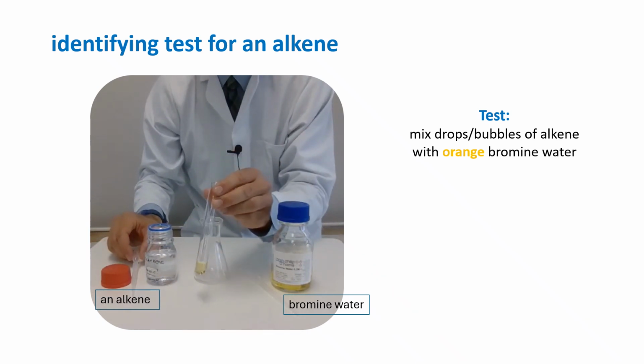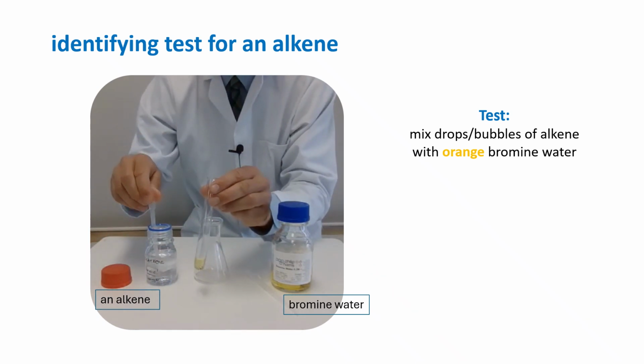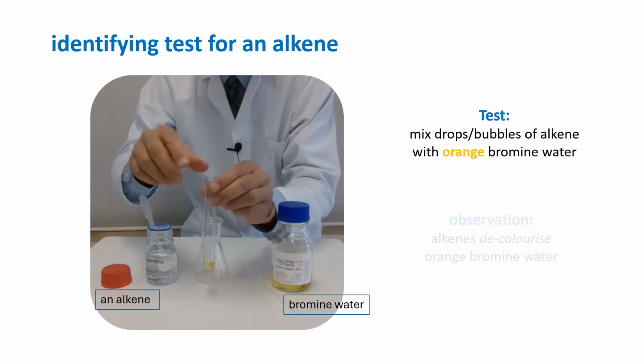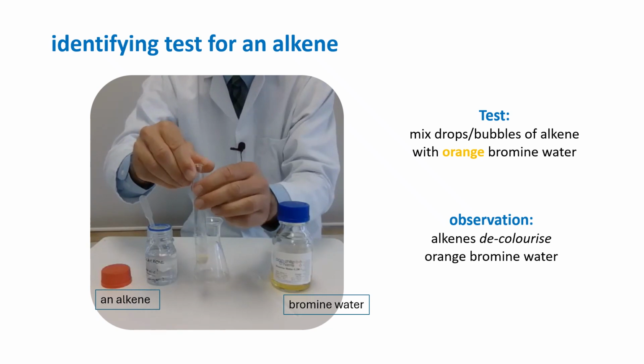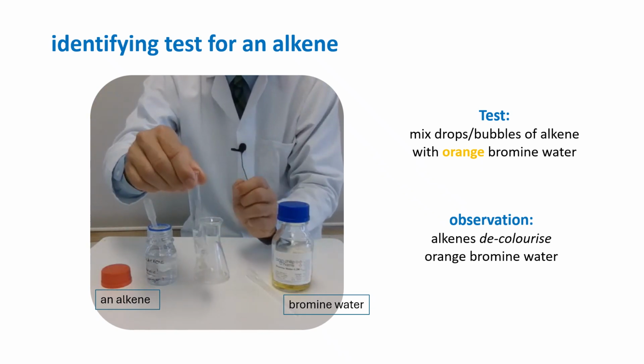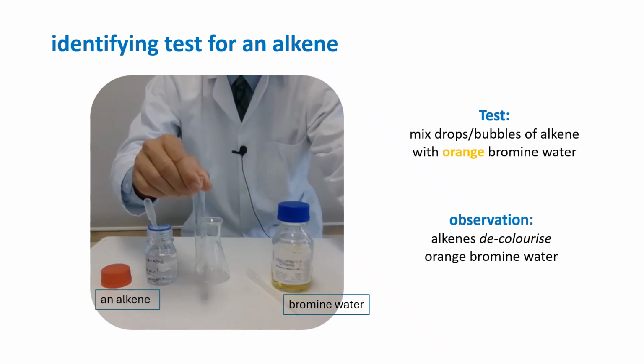We can see here there's the yellow coloration of the bromine water. If we add alkene to it, there's an immediate loss of colour, an immediate decolorization.